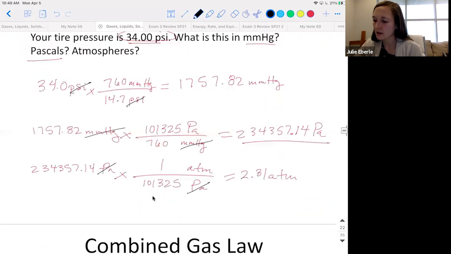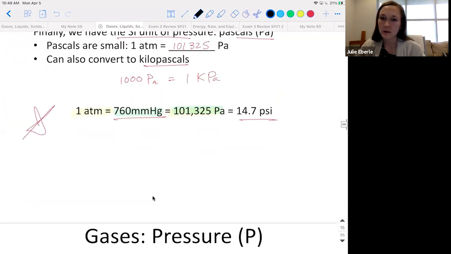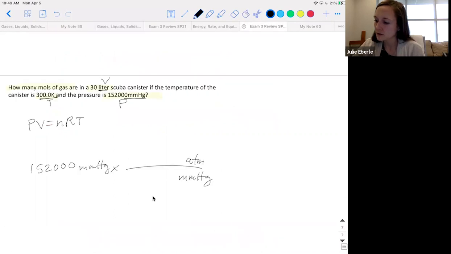It was up above the gas laws. Right here. This is the one. So you go find that slide and it tells you the relationship between millimeter mercury and atm. So yeah, we're going to divide by 760. So how many atm is this?